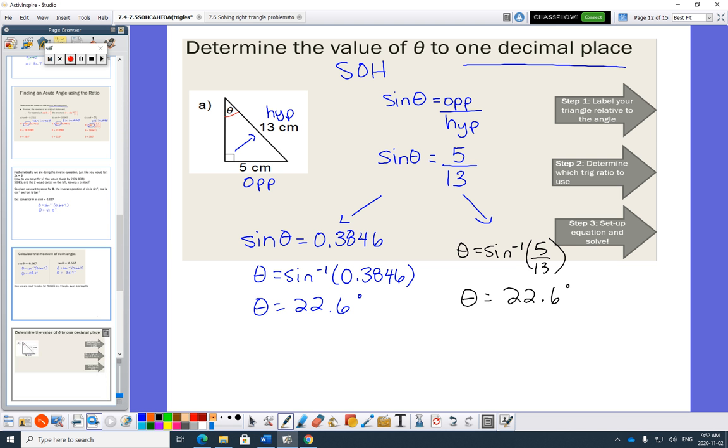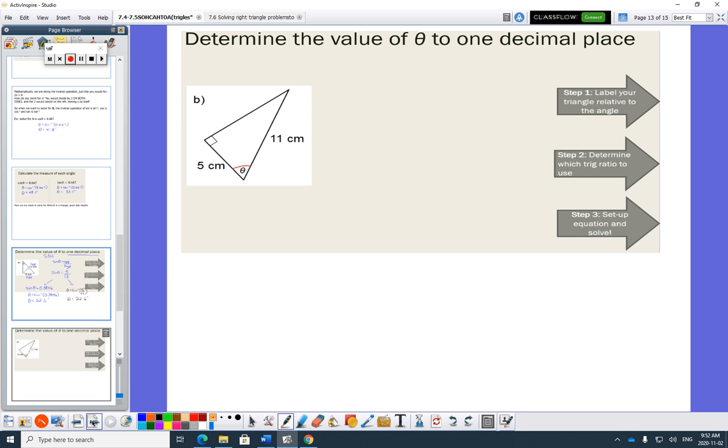Okay, so now we're going to do the bottom corner theta. This time we've got the hypotenuse and this one, which is adjacent, beside it, next to it.